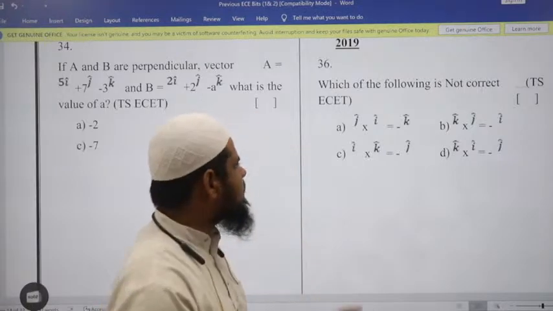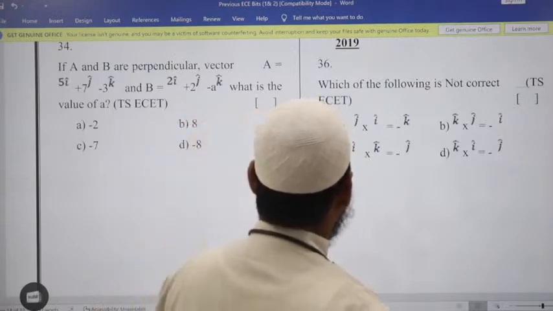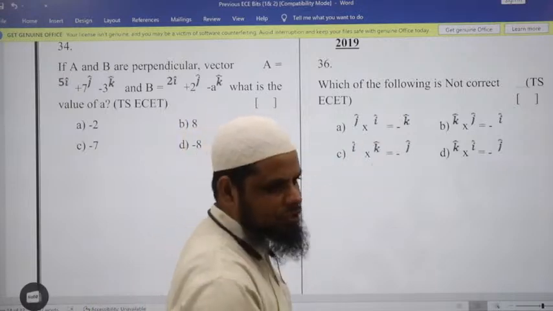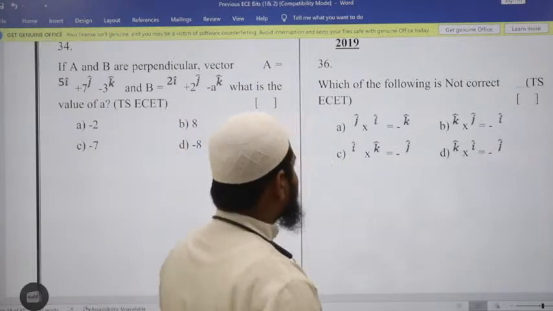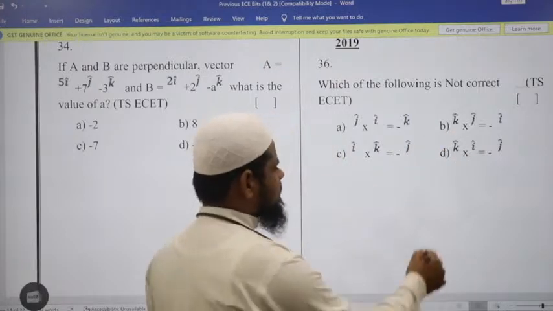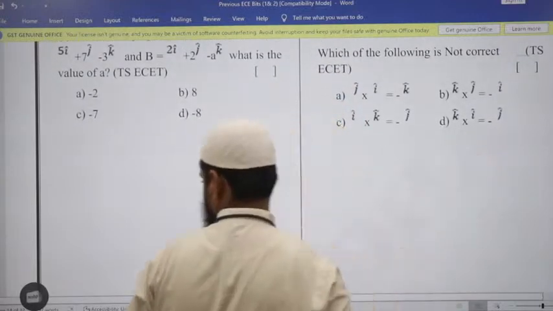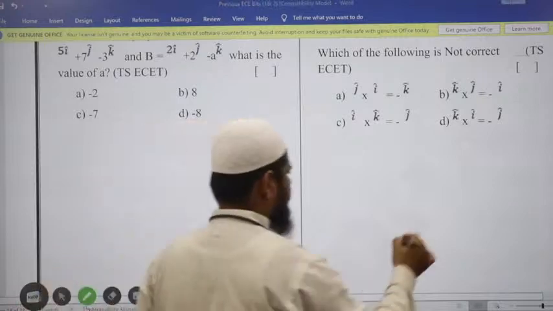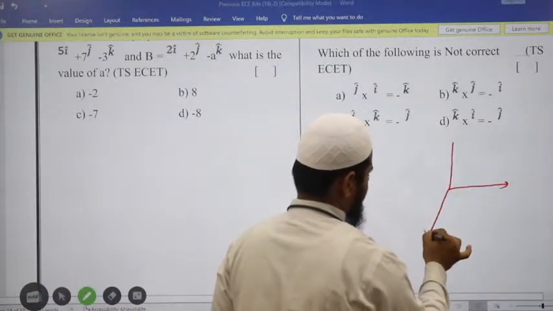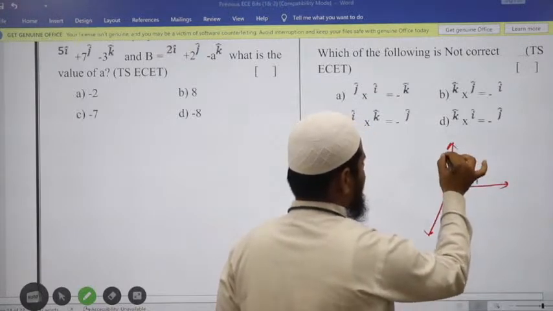Look at this. The first one is maybe this is j cross i. J cross i is minus k. So k cross j. For this purpose, what you need to do is take this one: i, j and k.